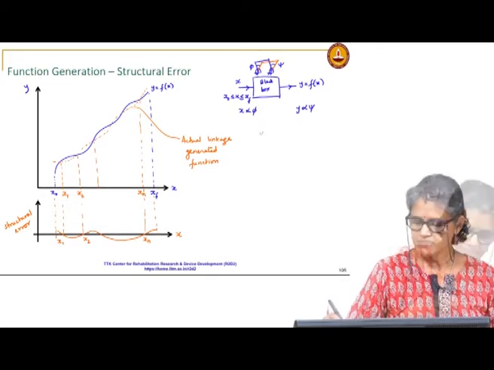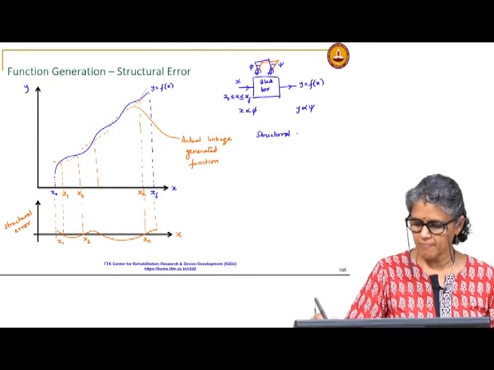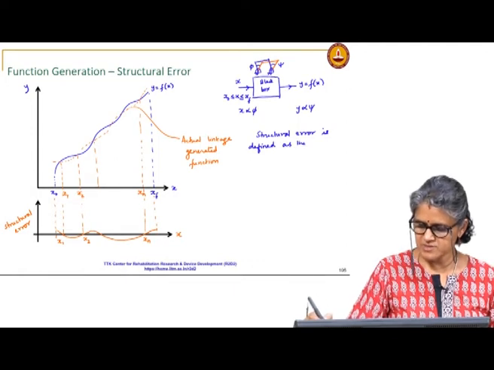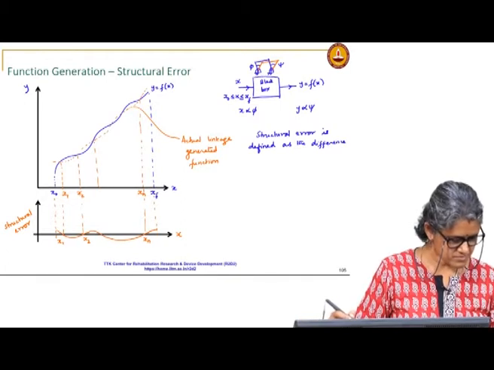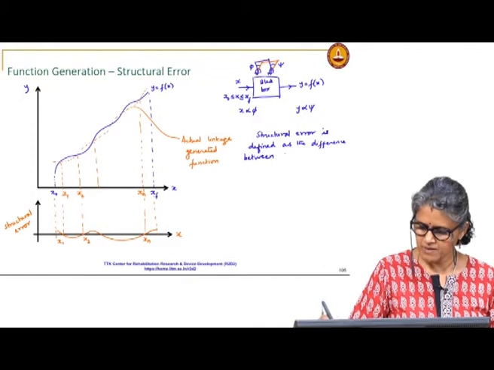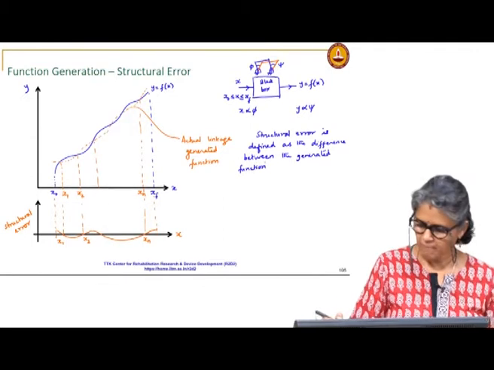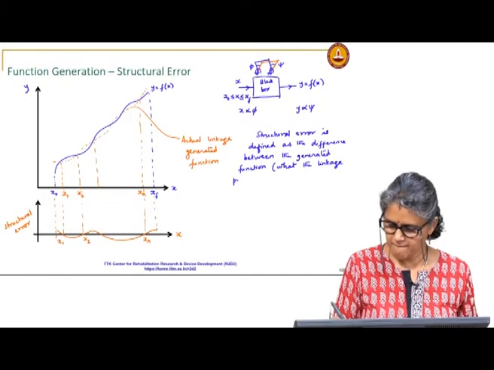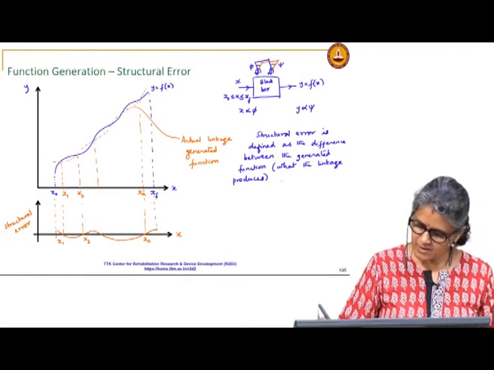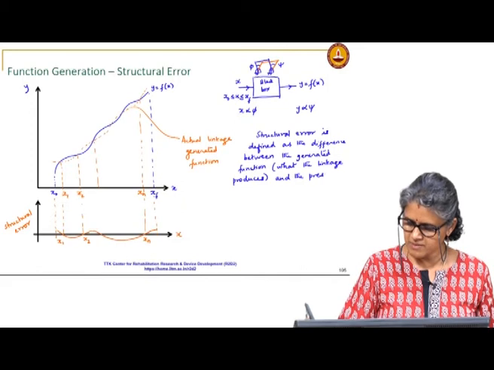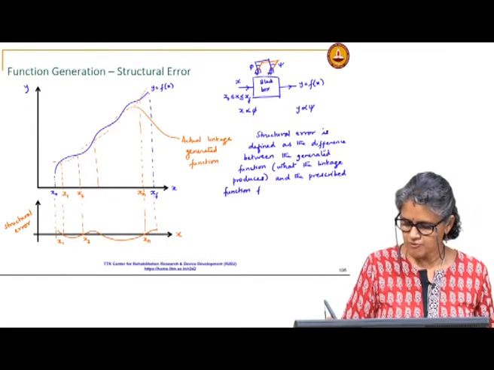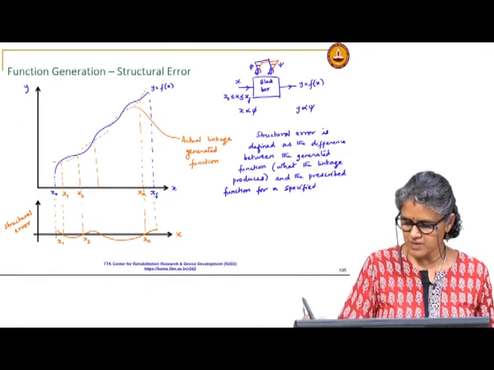So structural error is defined as the difference between the generated function, which is what the linkage actually produces, and the prescribed or specified function for a specified value of the input variable.